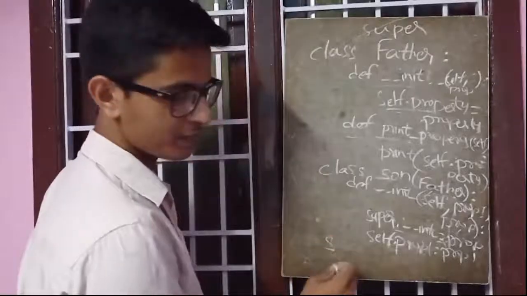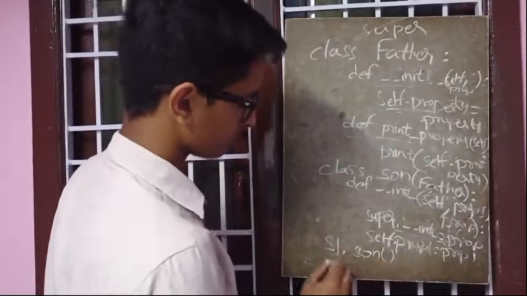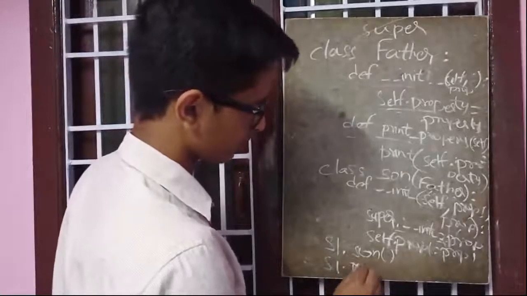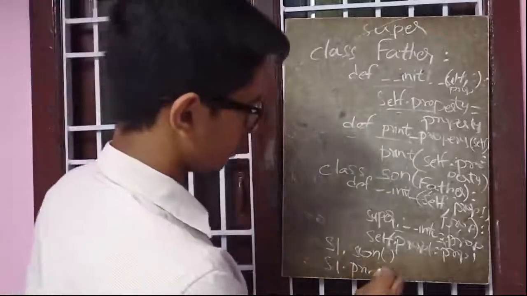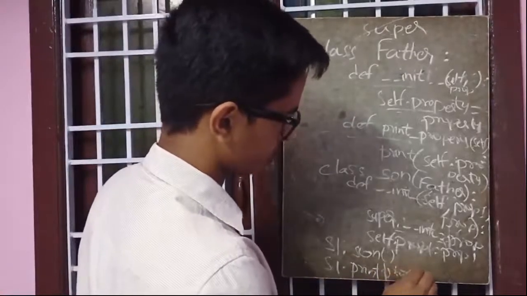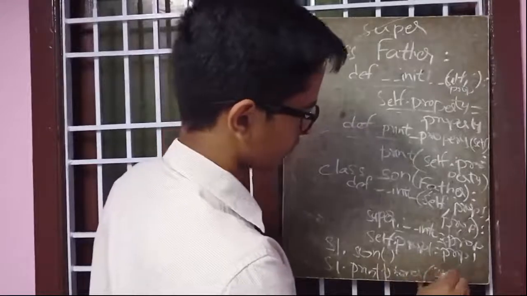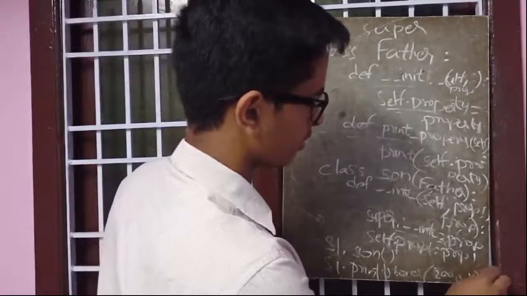And create an object for the child class, s1 equals Son, s1 dot, and write a print data here, print data property of 20,000 comma 10,000.